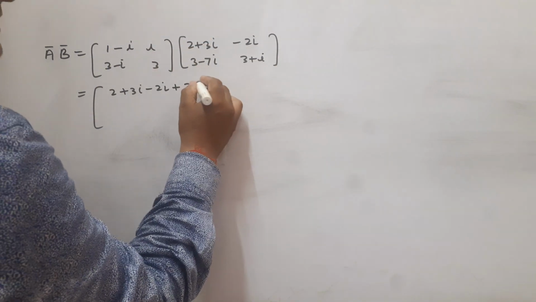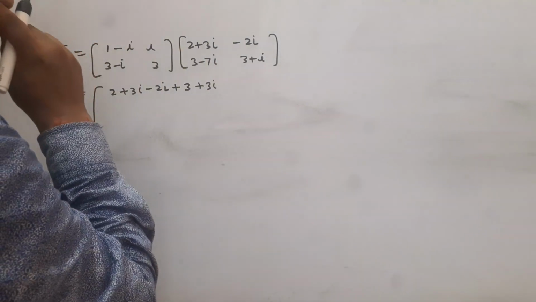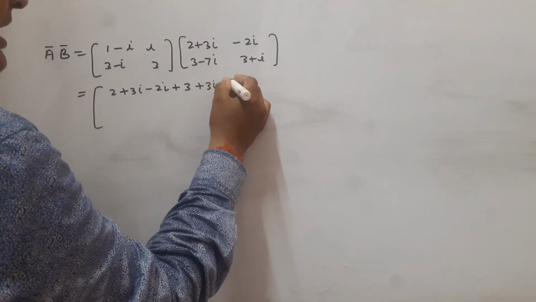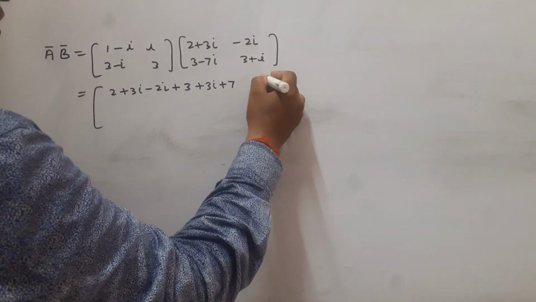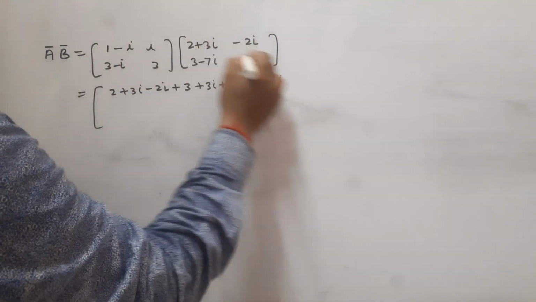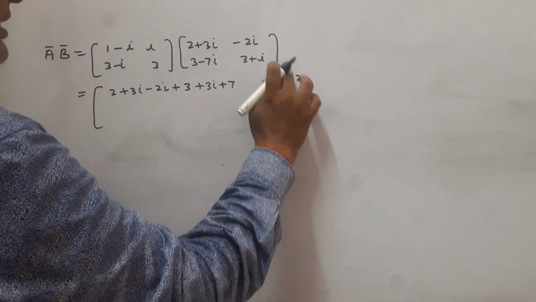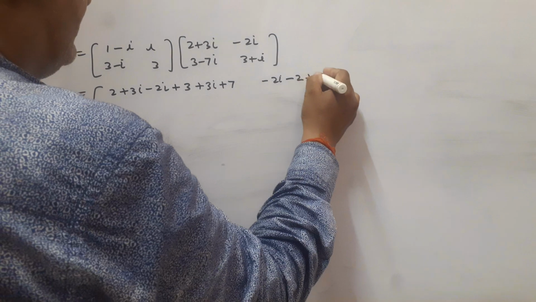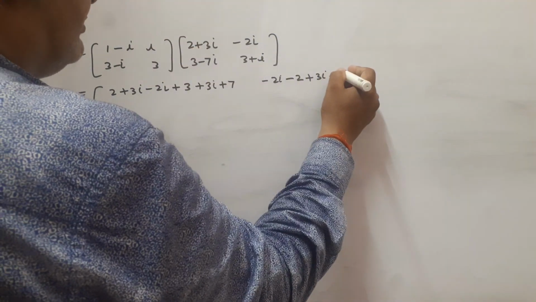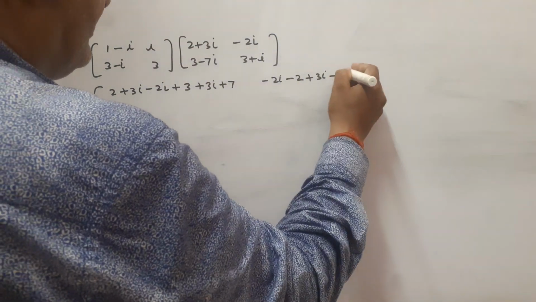i multiplied by 3 is 3i, i multiplied by minus 7i is minus 7i square, so this is plus 7. First row multiplied by second column, this is minus 2i plus 2i square, so this is minus 2, plus 3i, and i square is minus 1.